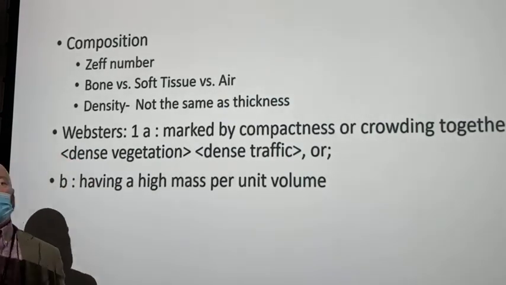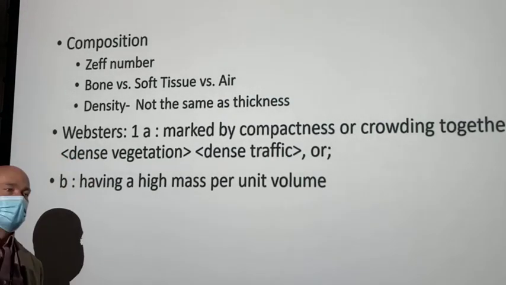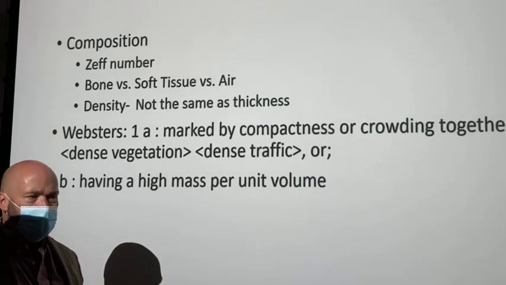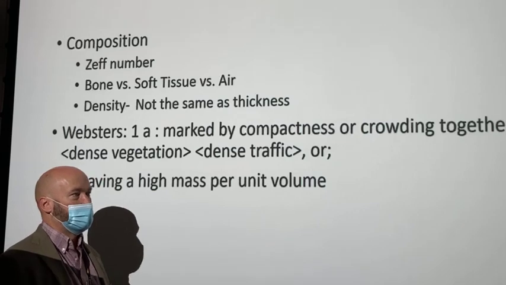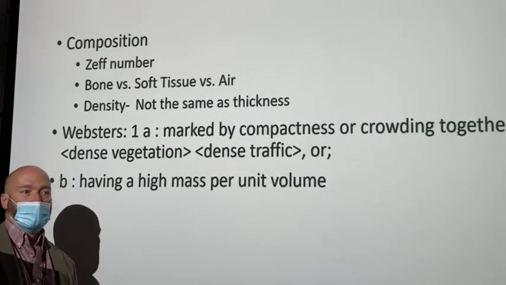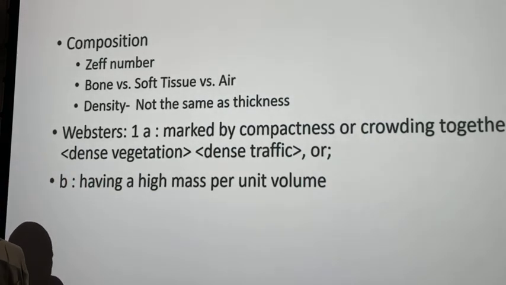So when we're talking about the difference between muscle and fat, both fluid-filled structures, atomically they're similar, right? But muscle is a little bit more dense, so the Z effective is a little bit higher.